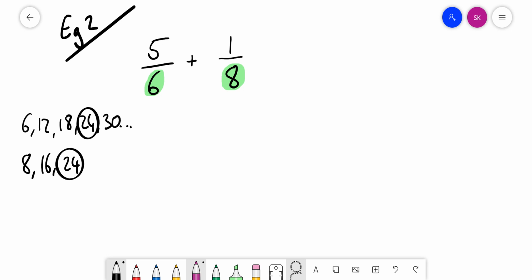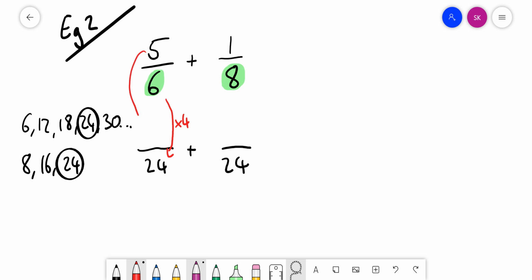Now what I do is I write out the 24 as the denominator for both of them. And then I ask myself, what do I times 6 by to make it into 24? I times it by 4.